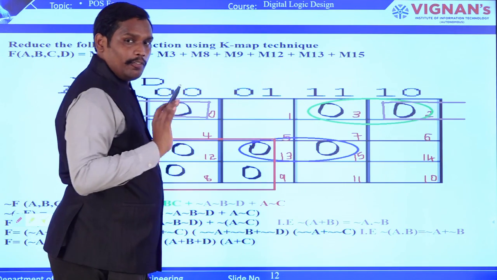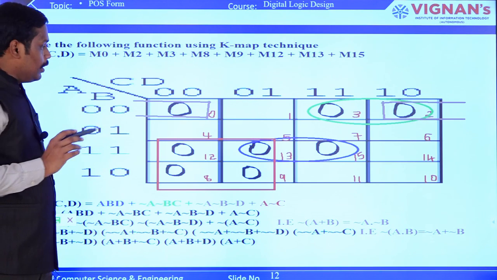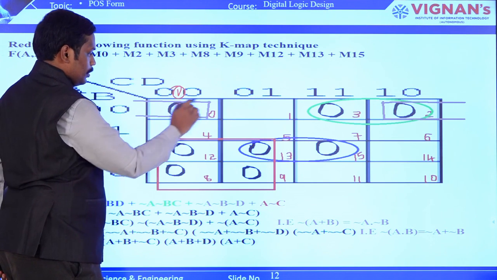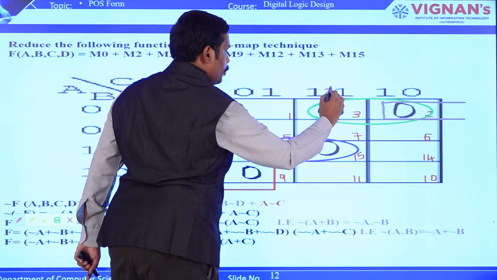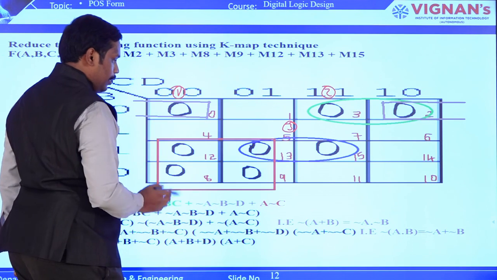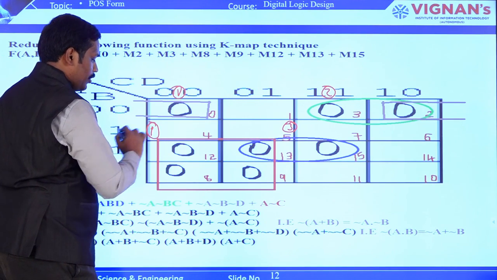So how many pairs have you formed in this Karnaugh map, which has the expression in POS form? We see pairs: number 1 in gray color, number 2 in green color, number 3 in purple color. So 3 pairs and 1 quad which is in red.